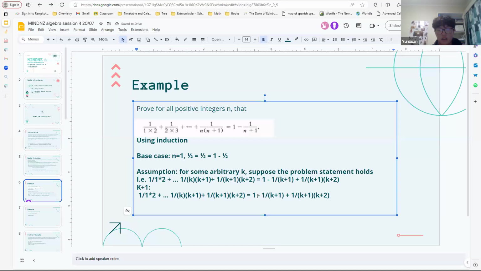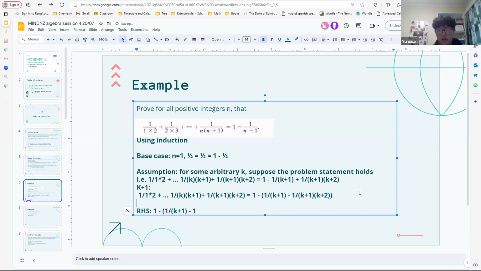But what's negative 1 over k plus 1 minus 1 over k plus 1 times k plus 2? What's that equal to? If we look at the right-hand side, it's equal to 1 minus 1 over k plus 1 minus this expression, which is just 1 over k plus 1 minus 1 over k plus 2.